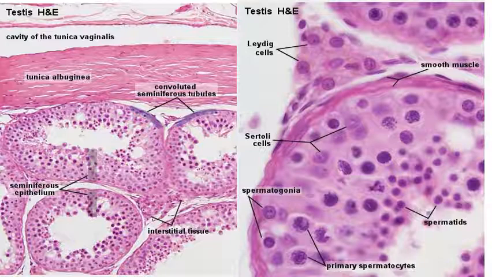Testis tissue proper is divided into tubular and intertubular tissue, that we commonly call the interstitial tissue of the testis. The tubular tissue mainly consists of seminiferous tubules. To my right side there is a still higher power view showing the germinal epithelium, which the seminiferous tubules are lined by.